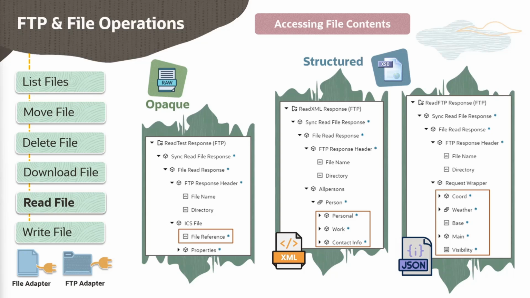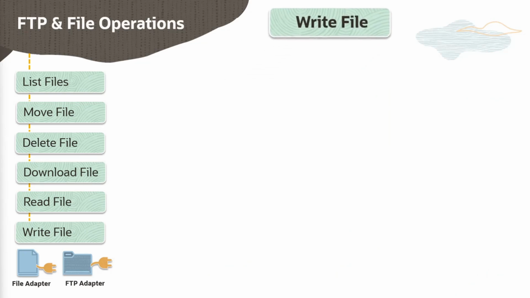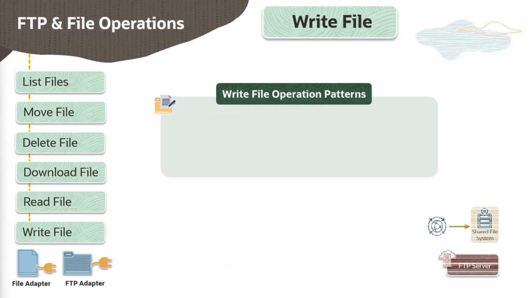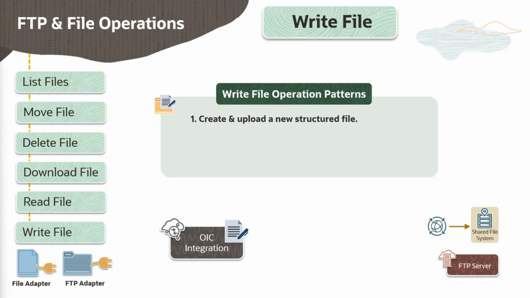Our final operation to discuss is the write file operation, where there are three general scenarios. One is to create a new structured file and then immediately upload it to a shared file system or FTP server.